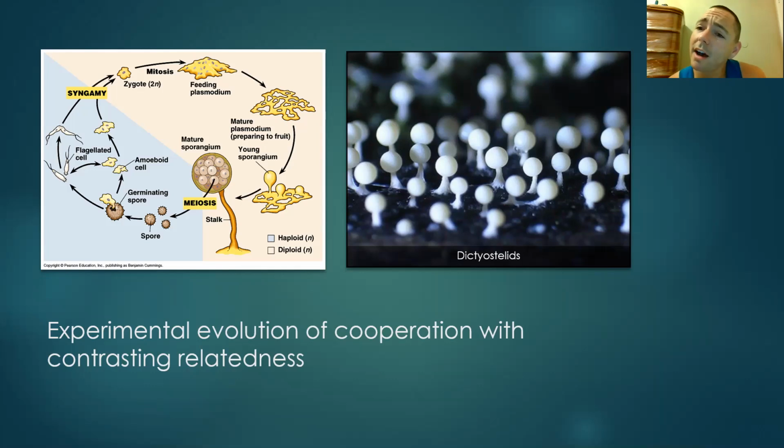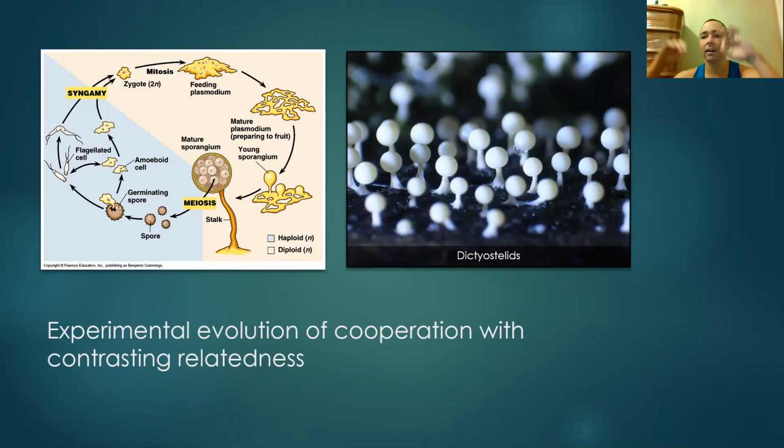Eventually, some individuals will move into an environment where prey bacteria become rare, and these little amoebae run out of food. So what do they do? They begin to cooperate.